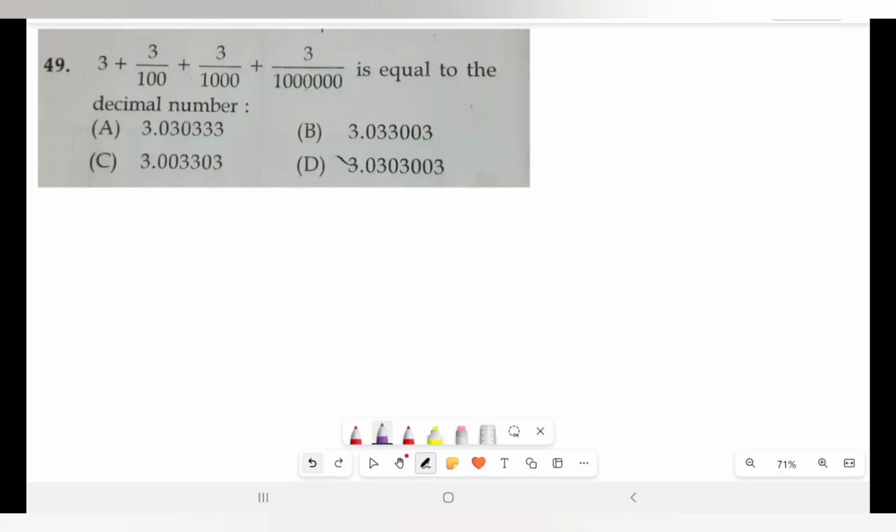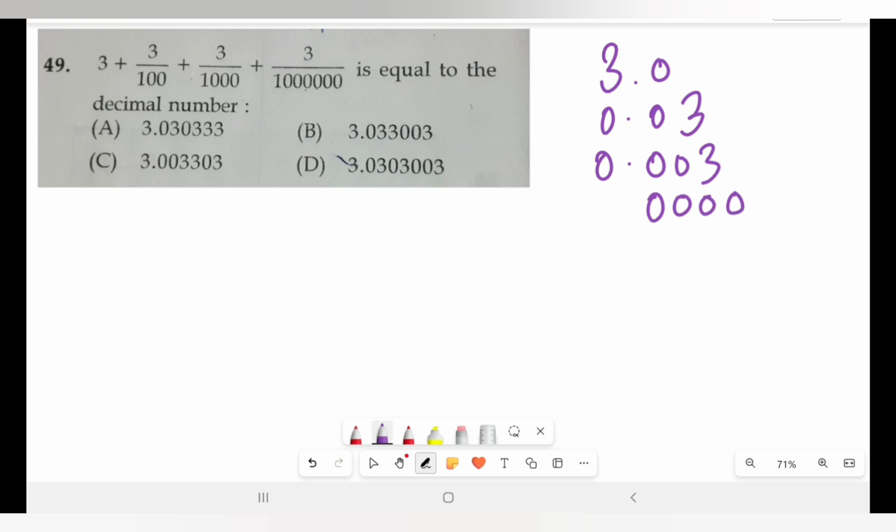Here in this question, we have to add all these numbers, and we have to derive the answer in decimal number. So here 3 is given as the first term, and the second term is 3 by 100, which is equal to 0.03. The third term is 3 by 1000, so let us reduce 1 zero, so it will be 0.003. Then the last term has 1 2 3 4 5 6 zeros in the denominator, so let us reduce 1 zero, so it is 5 zeros, 0.000003.